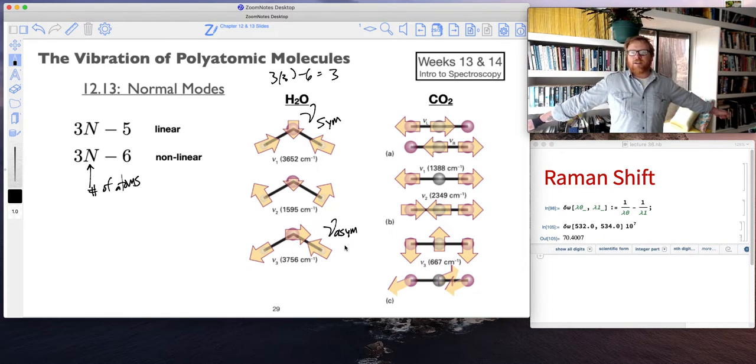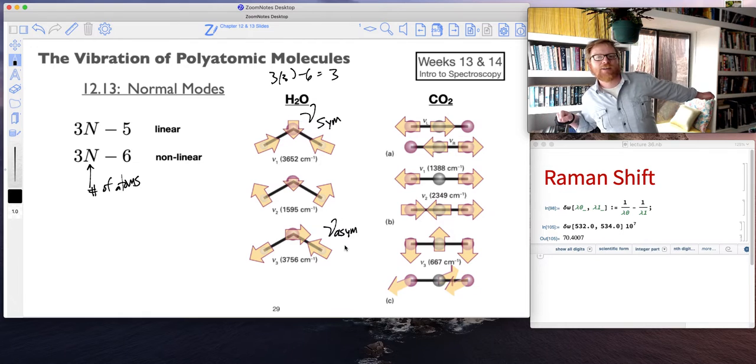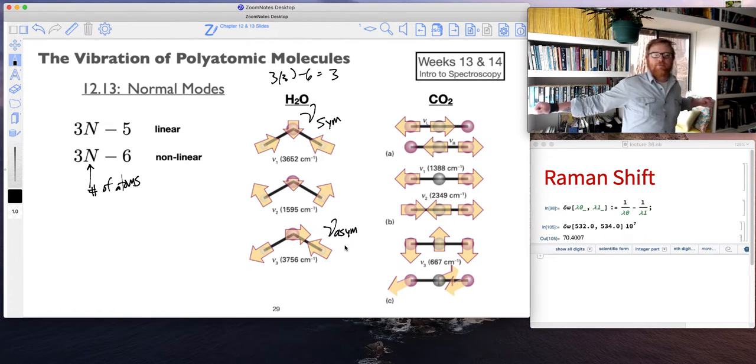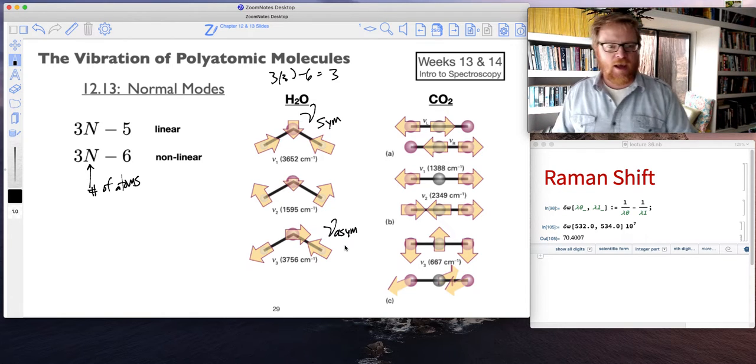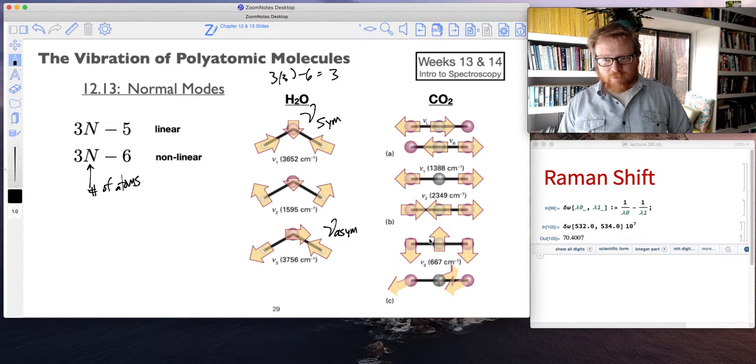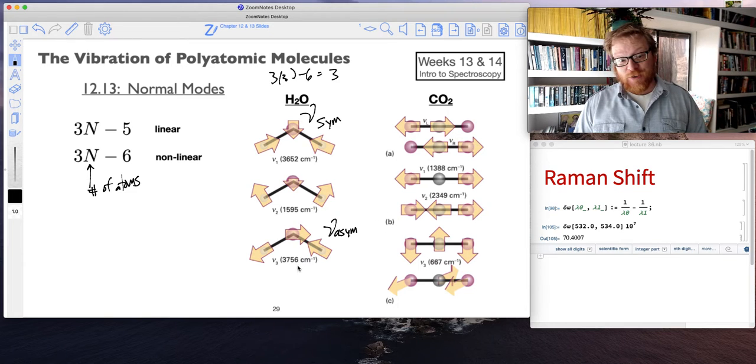And my oxygen kind of moves in like this with this hydrogen elongated, and then it alternates. I like to think of these as the interpretive chemistry dance moves. And it occurs at very similar energy as the symmetric stretch, 3756 wave number.